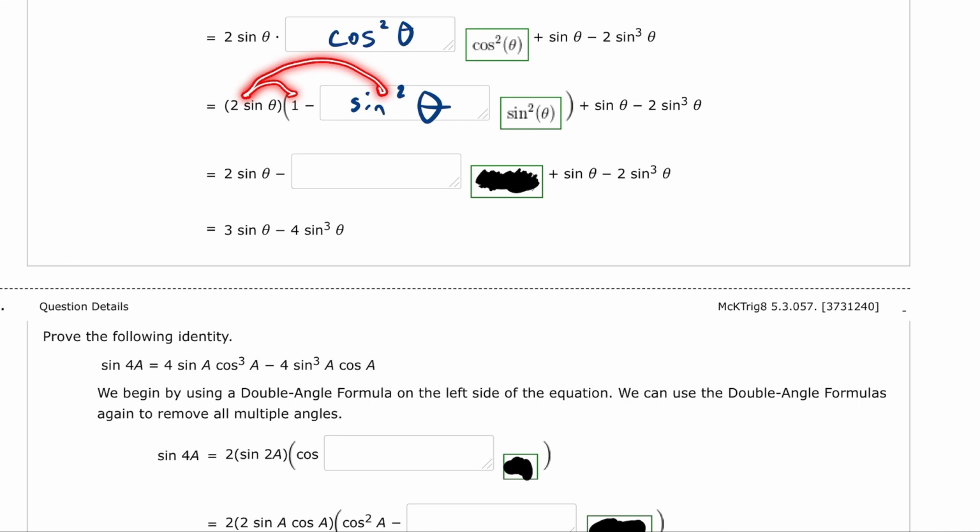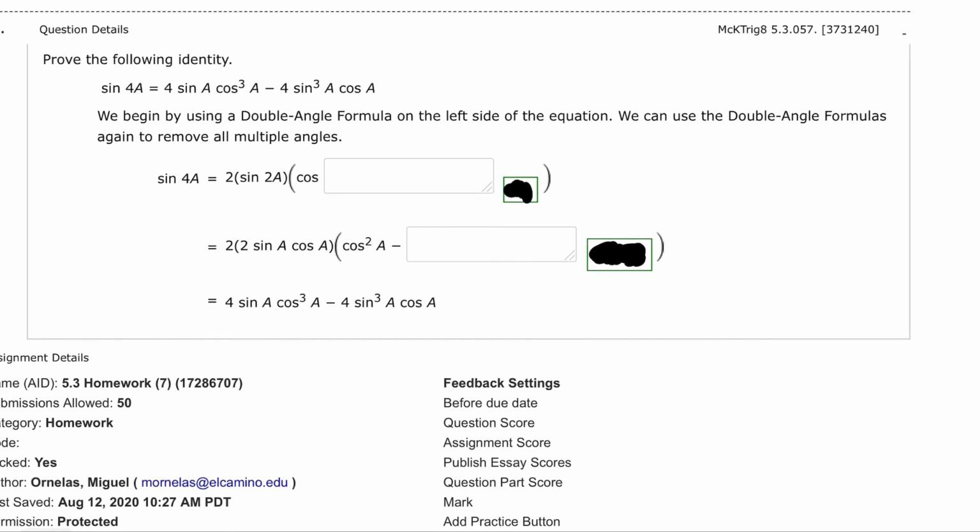So the first one is here. The second one should be 2 times sine cubed, 2 sine cubed theta. That does it. And for the last one, they're going to rewrite this double angle formula as 2 sine of 2a times cosine.